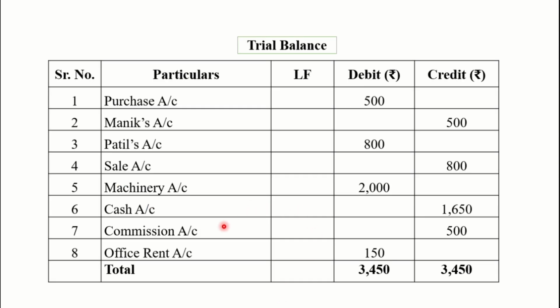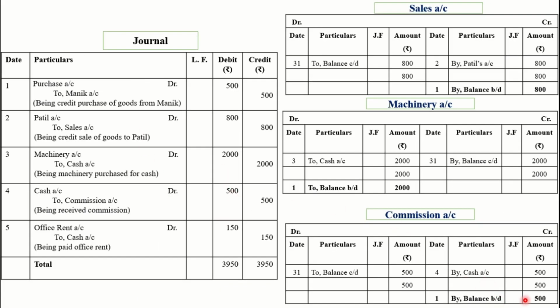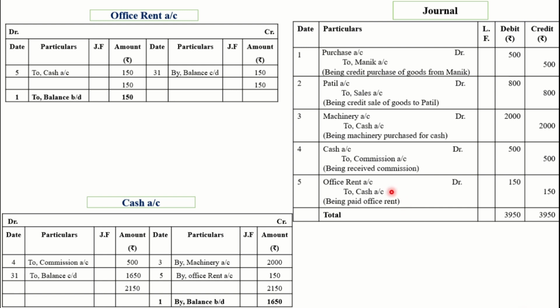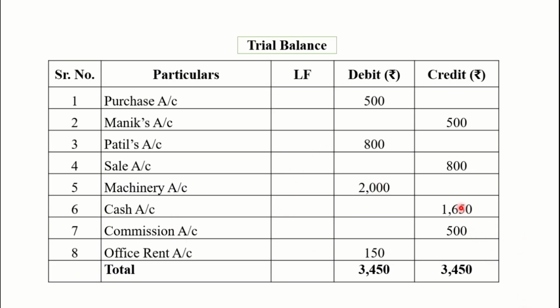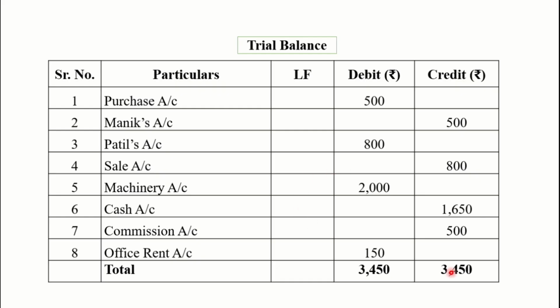That's why cash account 1600 on the credit side. Then commission account brought down entry is on the credit side. That's why on the credit side we record the 500. Office rent account brought down entry is on the debit side. That's why office rent account is debited rupees 150.